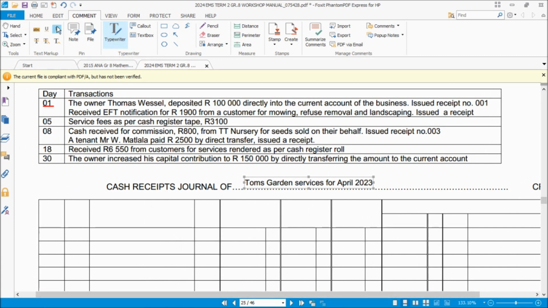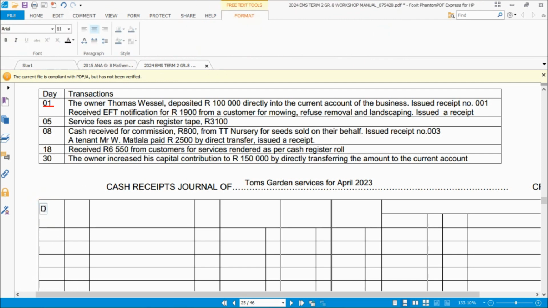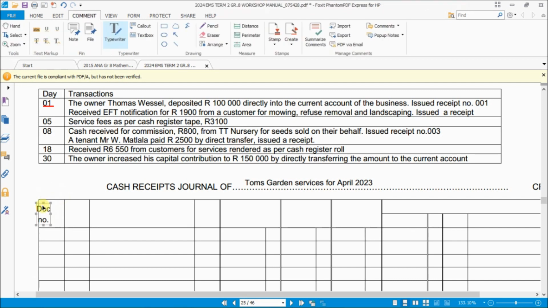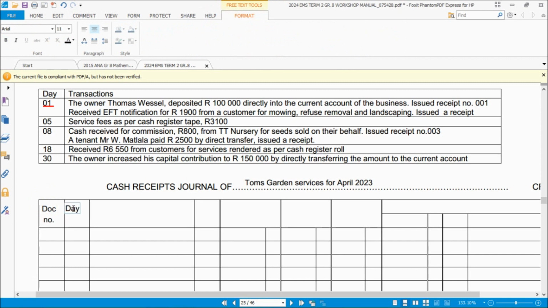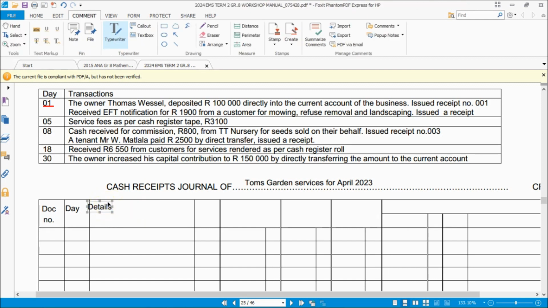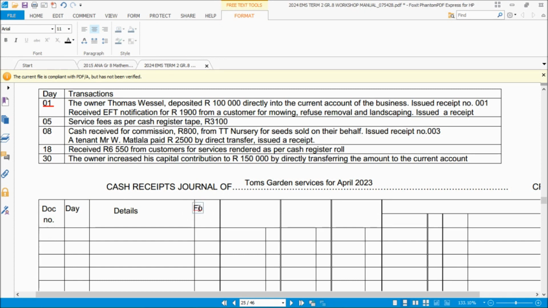Alright, so what I'm gonna do now, I'm going to look at my transactions. Okay, no, before I look at my transactions, I'm forgetting, I have to remember here. I've got a document number, the CDOC number. This is your document number. Then you've got your day. Then you've got details here, and then you've got folio, folio reference number.